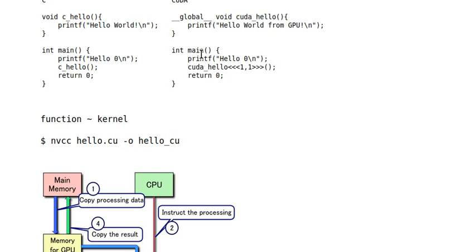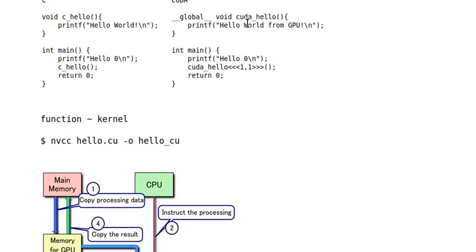Again, we print out hello 0, and then we call this function cudahello with some parameters, 1, 1. We'll explain the meaning of the parameters in the next video. Here, we just concentrate on how to write a simple hello world CUDA program.